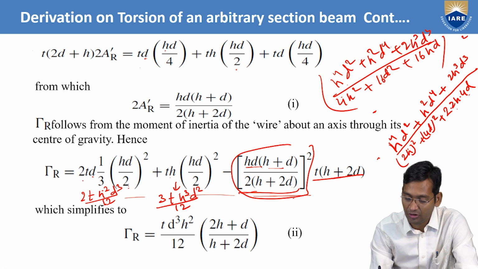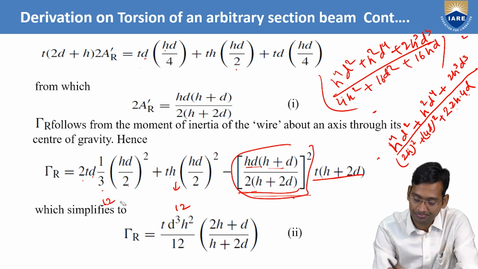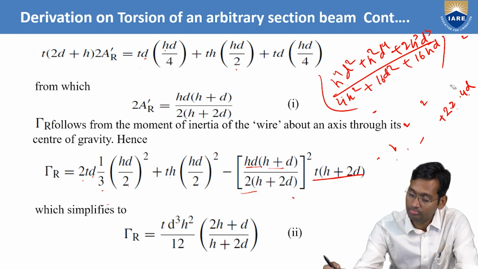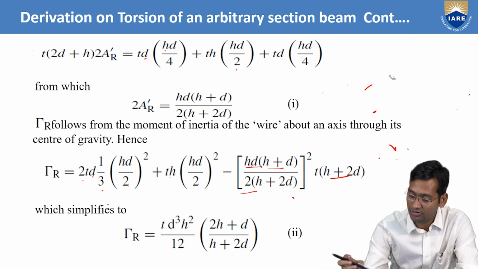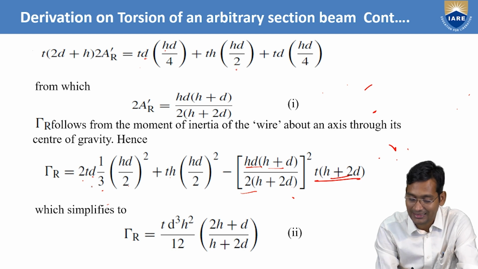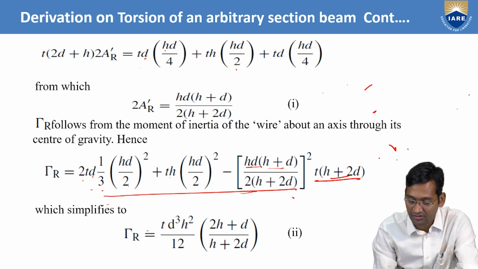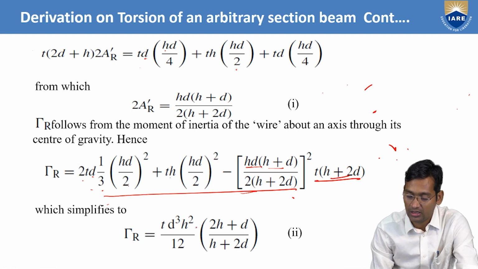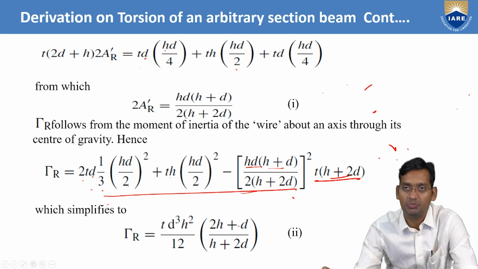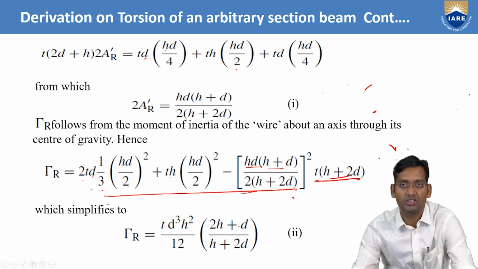So after simplifying this one, what will we get? You have to just multiply this and then add and subtract depending on the sign. Finally, after simplifying, Tau r equals 2 d cube h square by 12 into 2h plus d by h plus 2d.